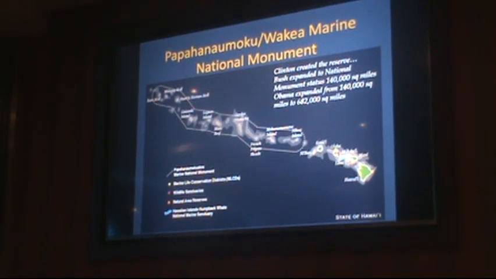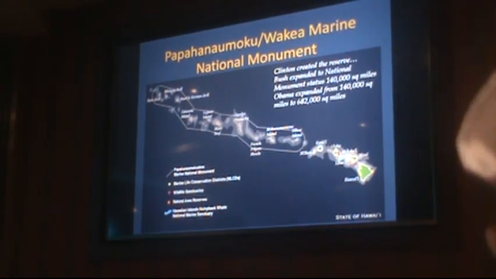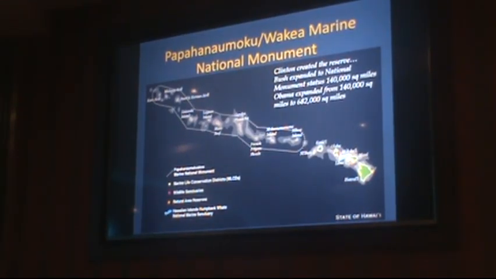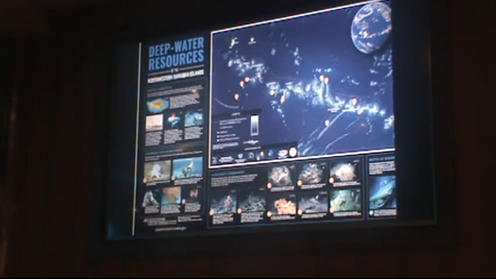Papahānaumokuākea, because the E is always pronounced as an A, right? Marine National Monument. And that is a Hawaiian name for the 2 spiritual entities or gods, the mother and the father of Earth there. And there's a whole story around that.